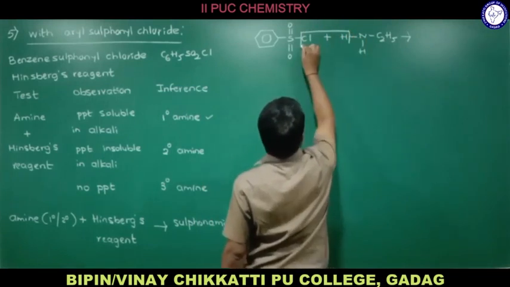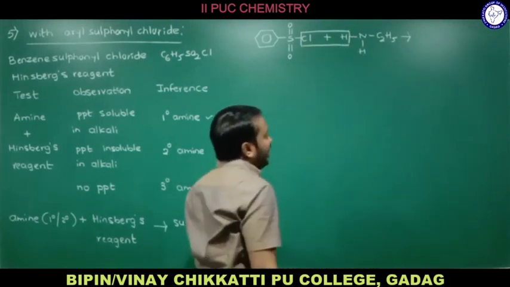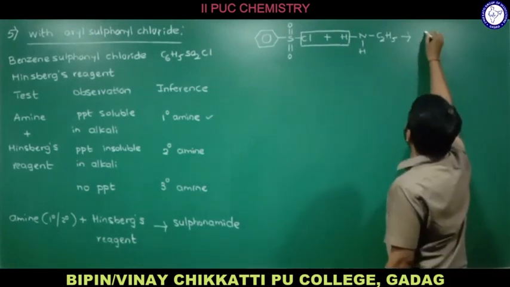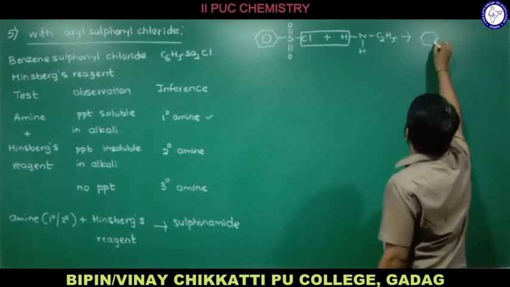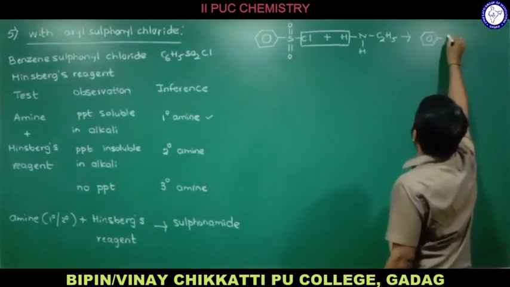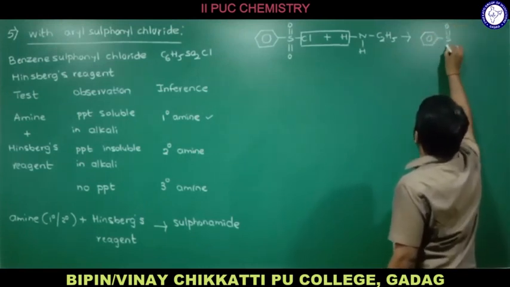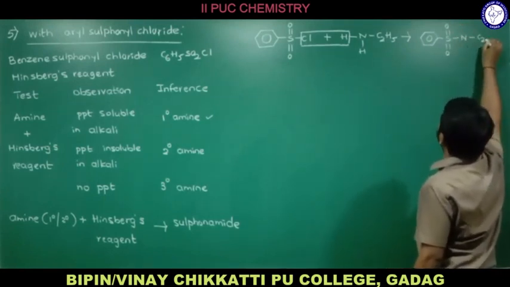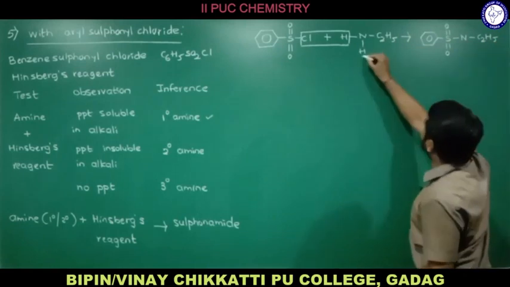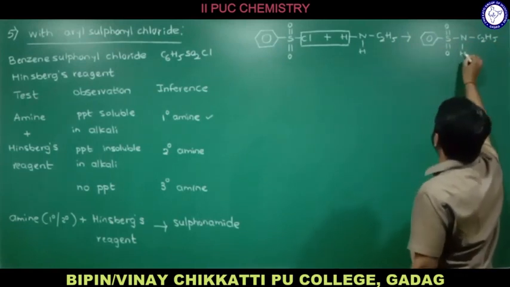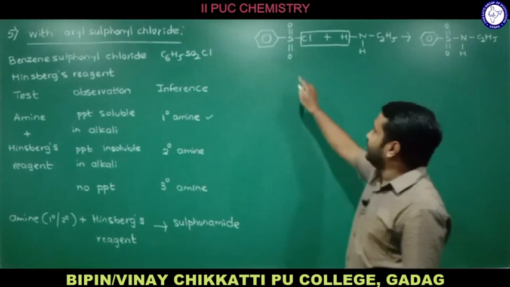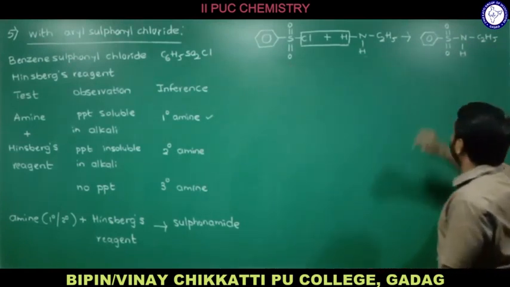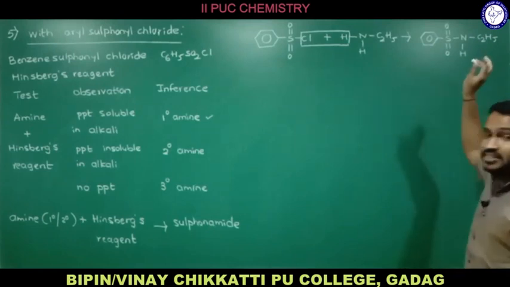After elimination of HCl, let me write the product over here. This is the phenyl group, and we have S double bond O, and we have a nitrogen and a C2H5 and one hydrogen here. So when Hinsberg reagent reacts with the primary amine we get this kind of compound, and this is nothing but a sulfonamide.